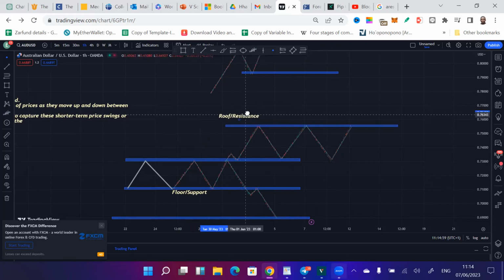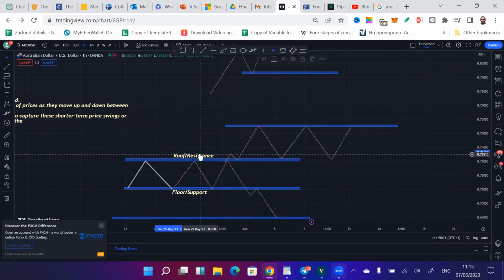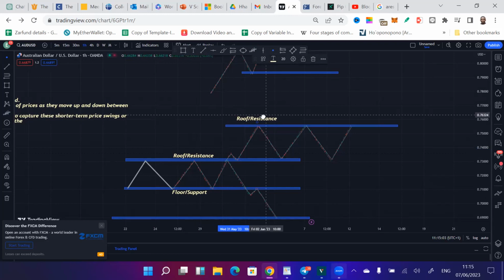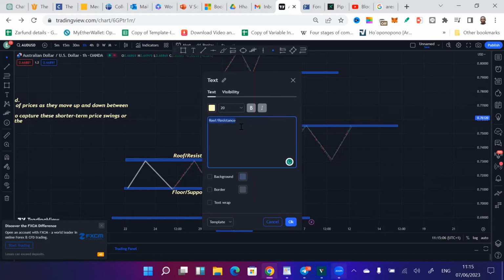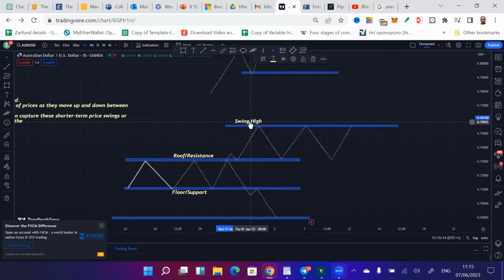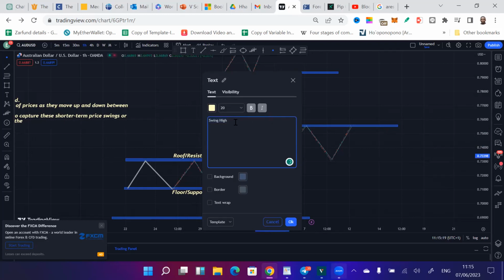Okay, let's put it there. Let's edit this and call it swing high. Okay, so that's what we call a swing high. So this is what we call a swing low.